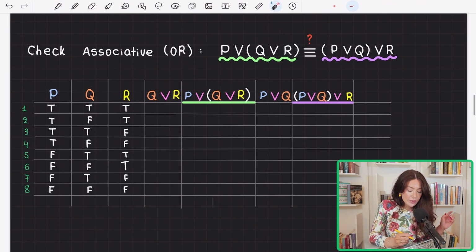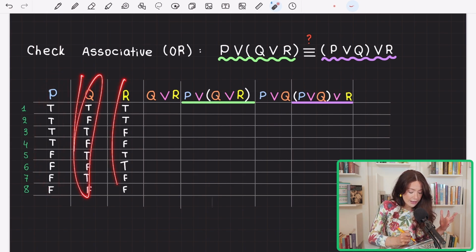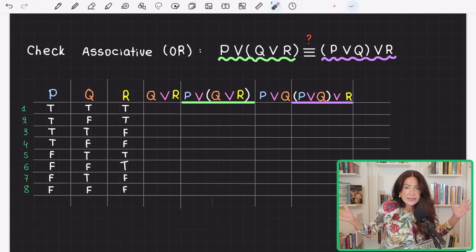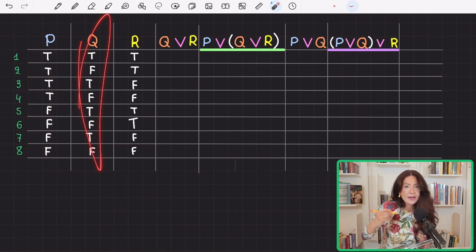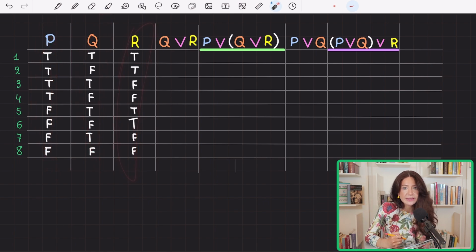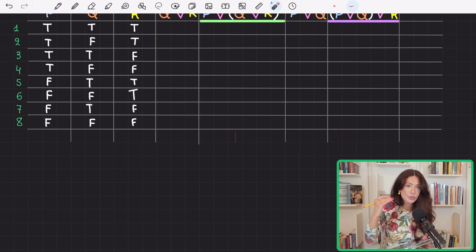Okay, so you have 3 different propositions here: proposition P, Q, and R. Those are just 3 different sentences that are statements. Such as P could be "5 is a prime number," Q could be "5 is an even number," and then R could be "7 is an odd number," okay? So with 3 different propositions, you have 8 rows instead of 4 because there are 8 unique ways to pair them, and you need to examine every single possibility.